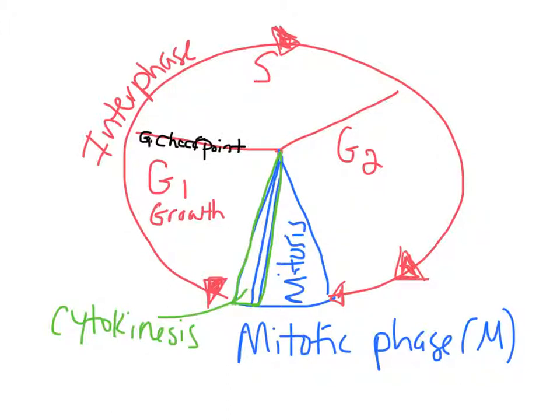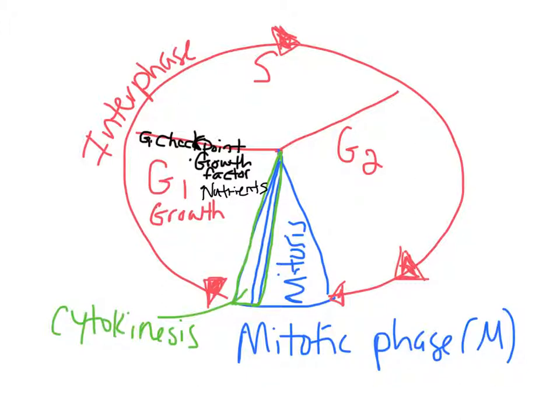Any checkpoint means that you need external or internal signals in order to go to the next phase. The G1 checkpoint particularly needs things like growth factors in the environment that tell the cell it's time to start going into the process that will lead to division. It also needs nutrients in the environment. Those are two of the many things that the G1 checkpoint has to have in order to get past.